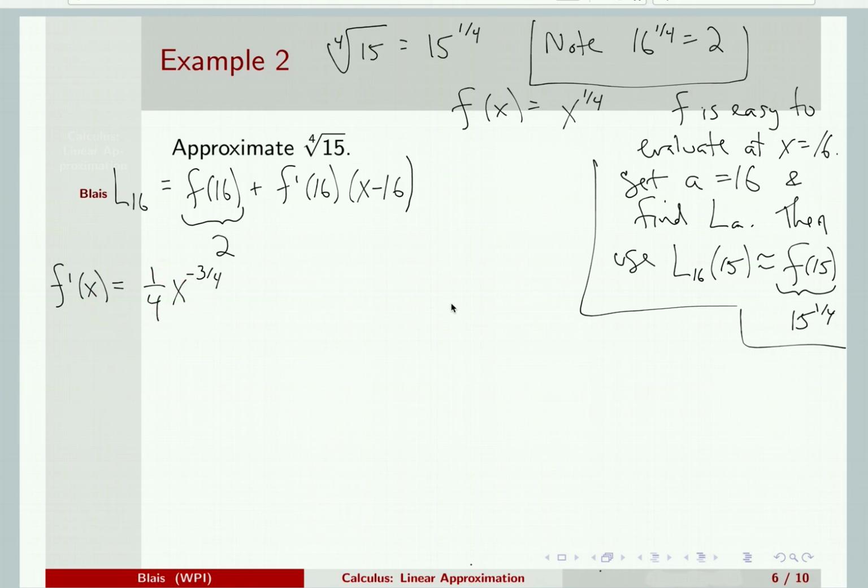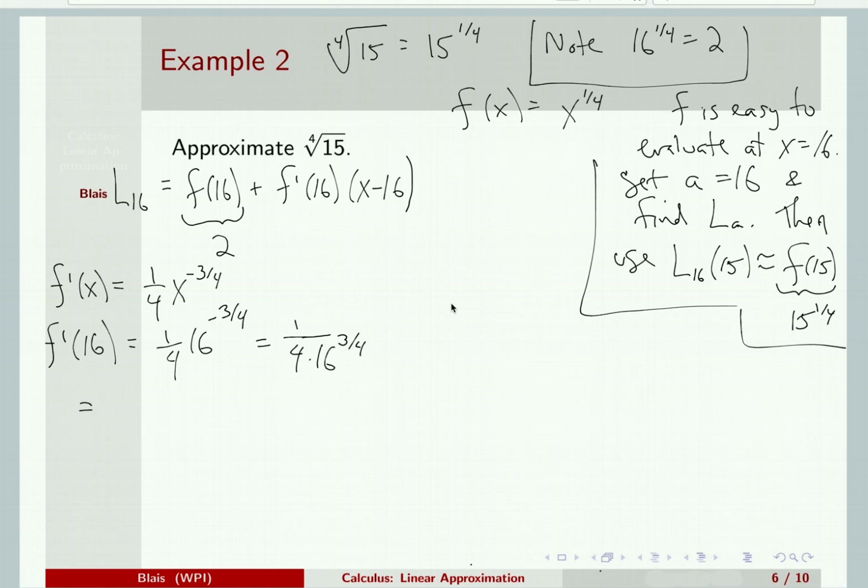We now need to evaluate this at our a, which is 16. So f prime of 16 is 1/4 times 16 to the minus 3/4. Let's rewrite this. Let's put that 16 in the denominator. So we get 1/4 times 16 to the 3/4.